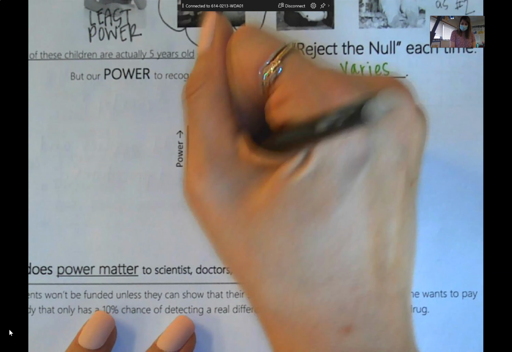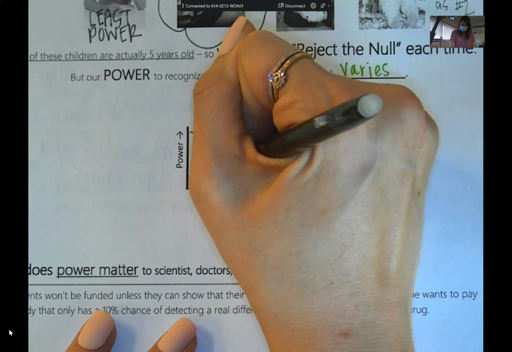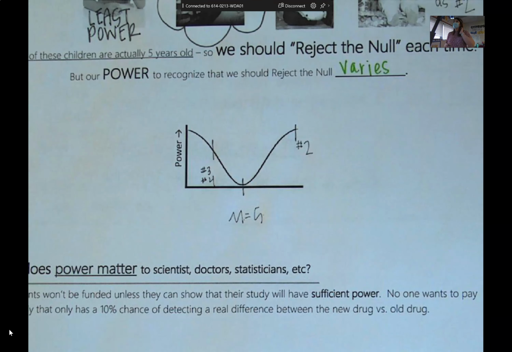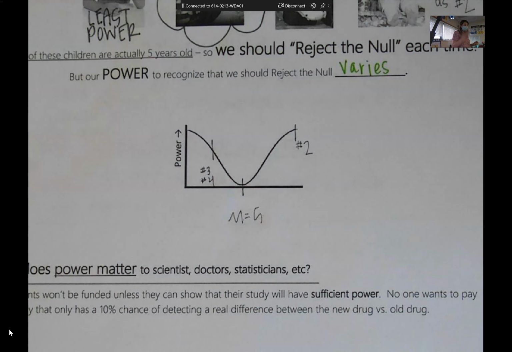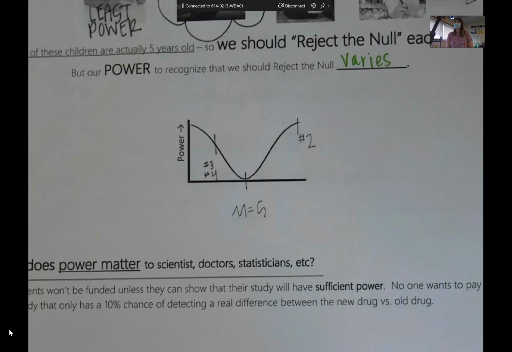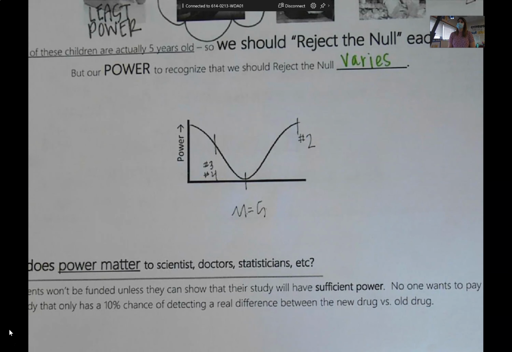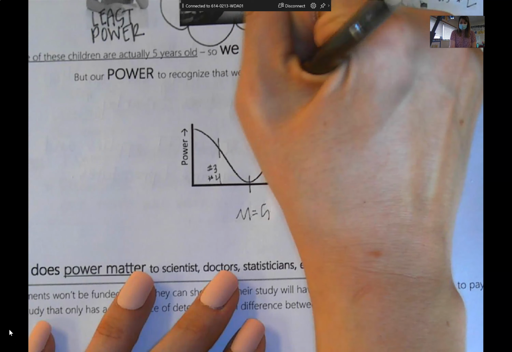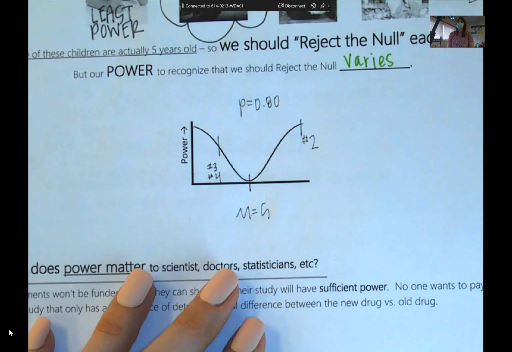Three and 4 would still be far away from the center claimed value, just not quite as far as this one. If we were talking about our basketball player, what we would have in the middle is his claim of 80%.